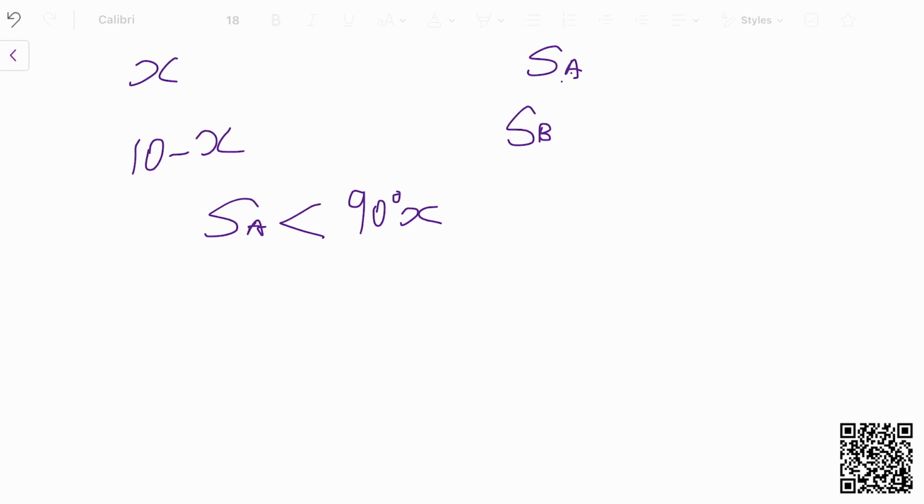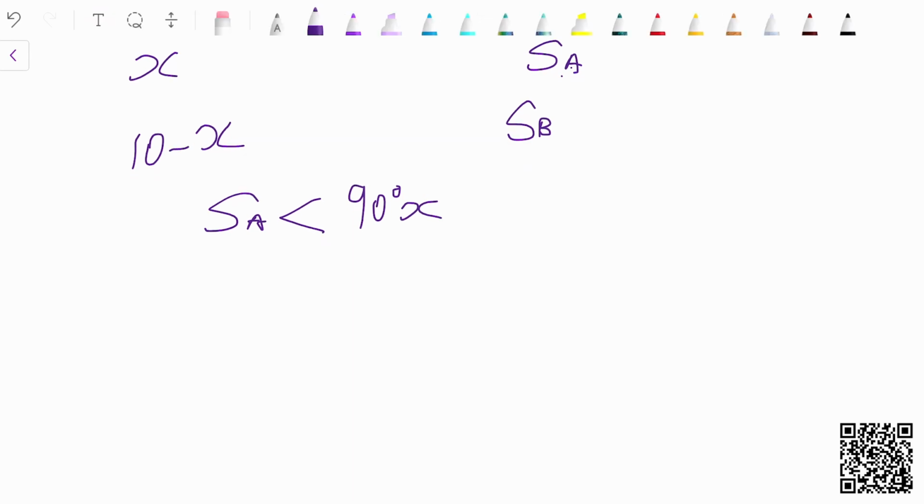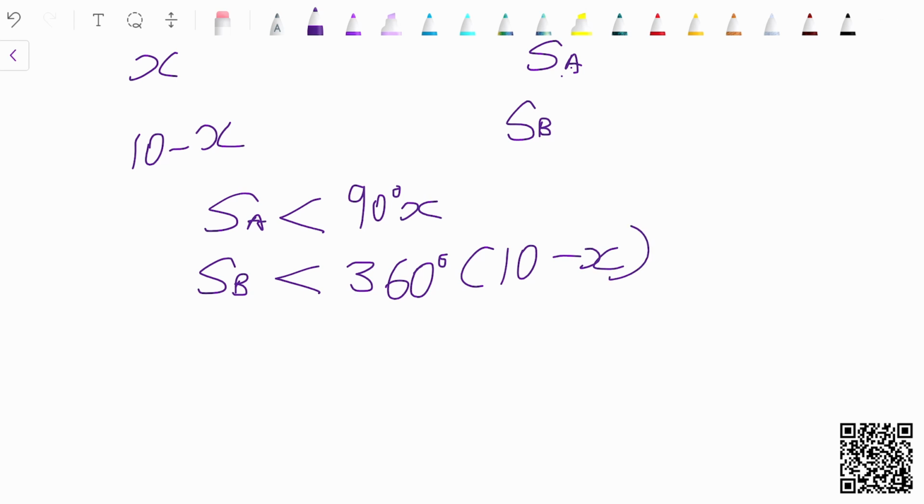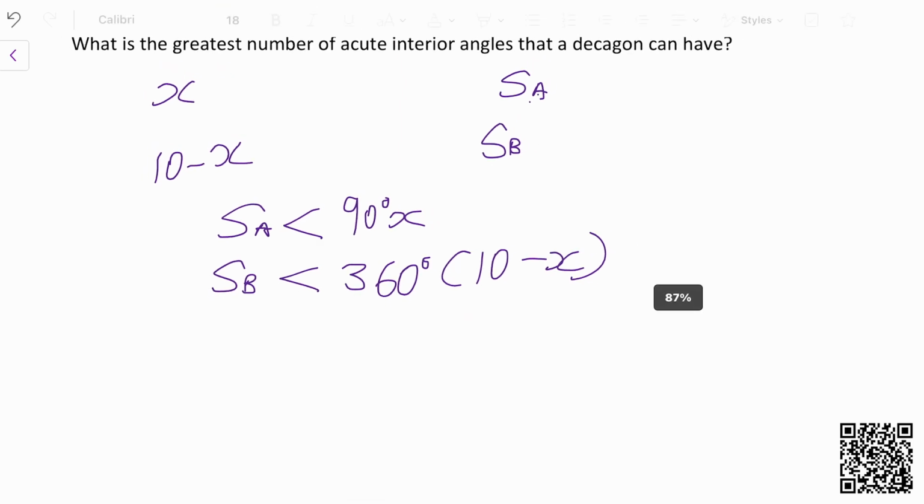That is two different things. And similarly, our obtuse angles in SB has to be less than 360 degrees times 10 minus x. Once again, this is the number of them, this is how much each one is, and similarly it cannot be 360, it has to be under 360.